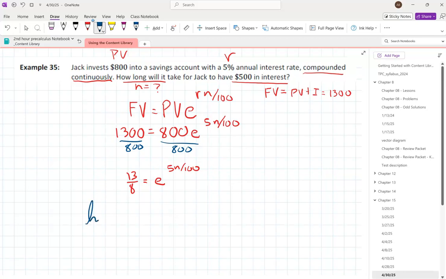So we'll do the natural log of both sides. Log base e cancels exponent base e.